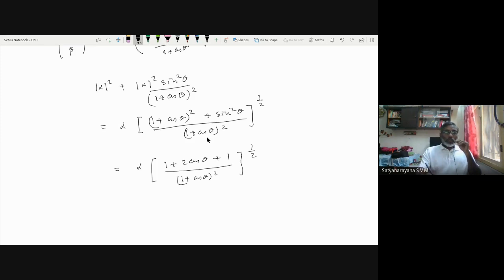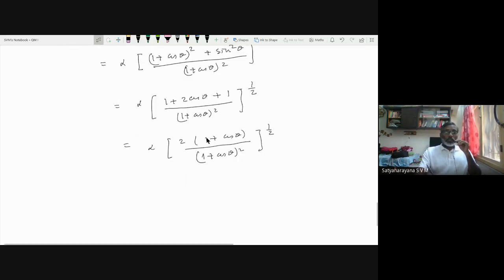So we have alpha into 2 into 1 plus cos theta, correct? 2 into 1 plus cos theta divided by 1 plus cos theta, the square to the power half.